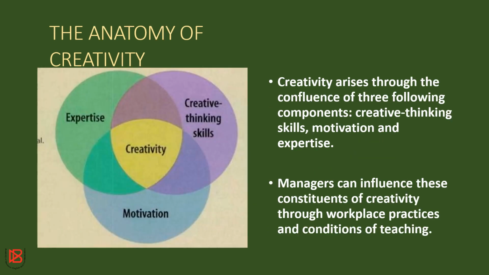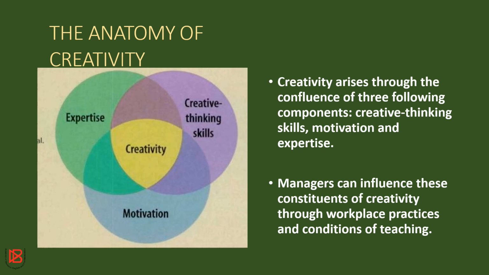So, the anatomy of creativity is all about expertise and thinking skill set. Your expertise, your creative thinking skill set, and the motivation that you bring to it. If these three ingredients are mixed in proper unison, we get an absolutely fabulous cocktail, if you want to call it that, known as creativity.